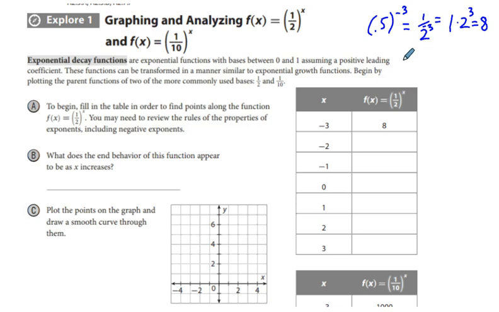Then when you do the same thing for -2, we have 0.5 to the power of -2, that's going to be 1 over 2 to the -2, which is going to be equal to 2 squared, which is 4.